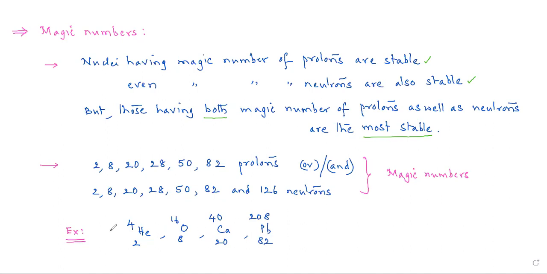Lead-208, yes, both are in magic number. These are found to be the most stable ones compared to their neighboring nuclei. This is what we can say.